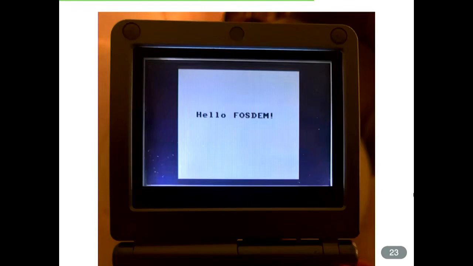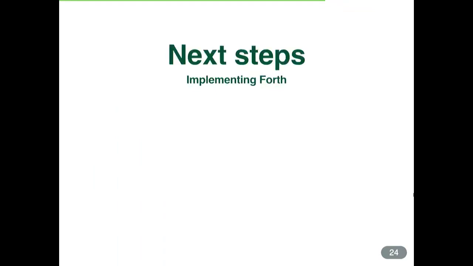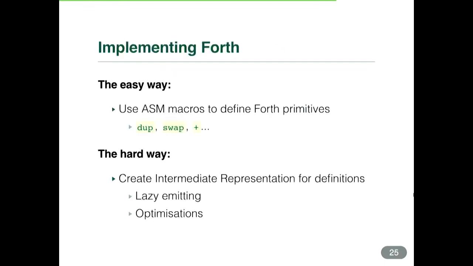Of course, this is not where the story ends, because this is just an assembler in the end. We want to take it a bit further and implement Forth completely for the Game Boy. Ideally, you wouldn't want to work with assembler at all in a project. There are two ways of doing this.